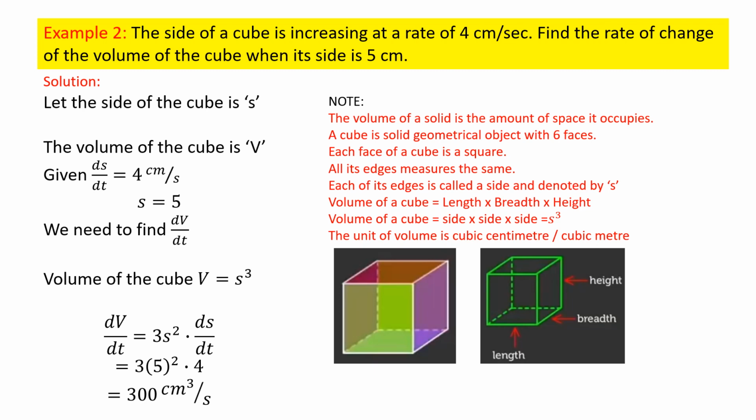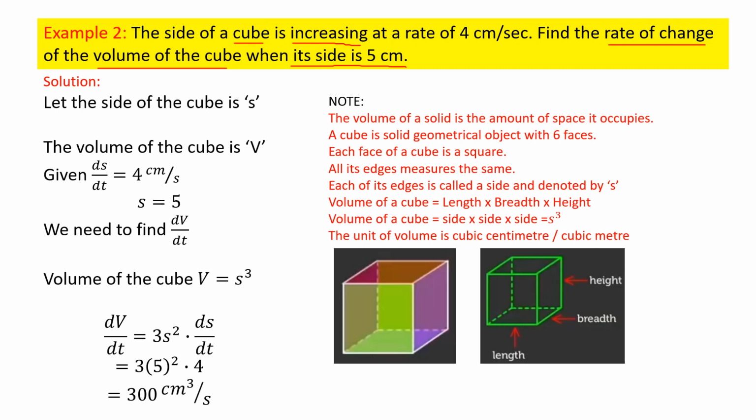Example number 2. The side of a cube is increasing at a rate of 4 centimeter per second. Find the rate of change of the volume of the cube when its side is 5 centimeter. So first we have to write the equation, which variable is changing with respect to which variable.